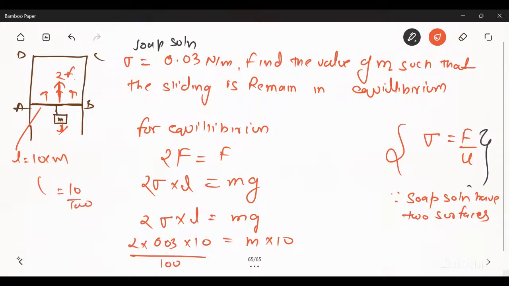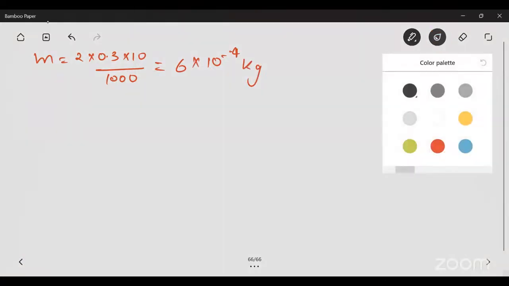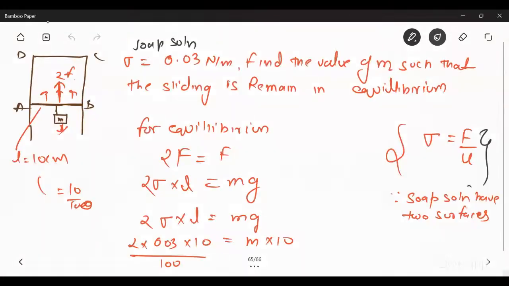On solving, you will get m as 2 into 0.03 into 10 upon 100. So on solving, you will get the answer as 6 into 10 to the power minus 4 kg. That was the value of mass. In that case, the piston AB remains in equilibrium.